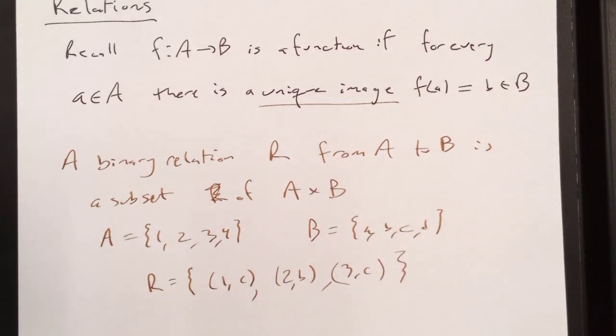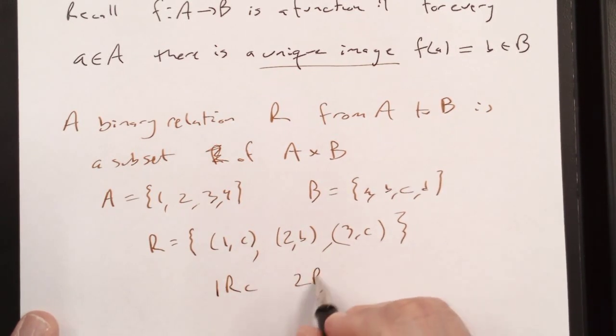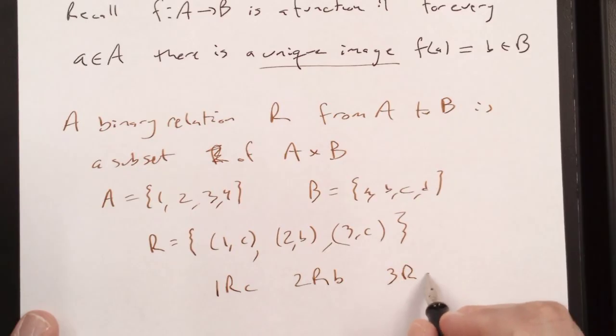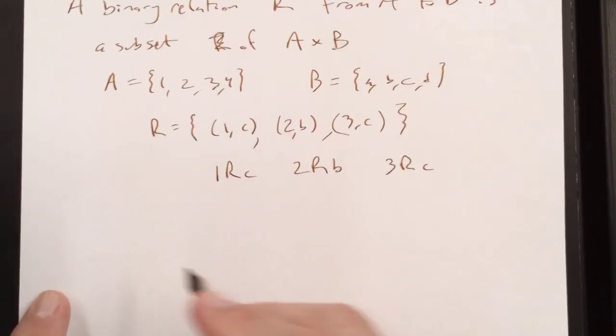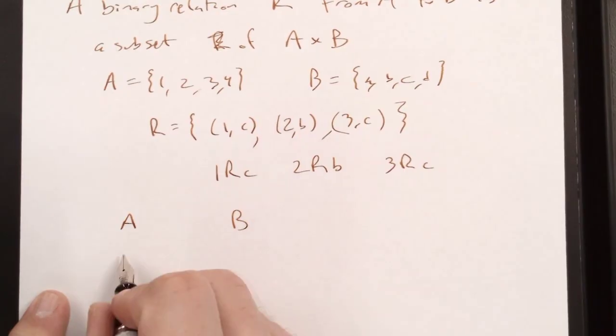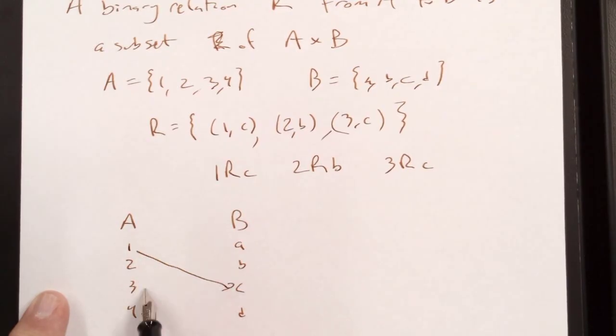But if I write a relation, I'm really going to think of this as 1 is related to C, and 2 is related to B, and 3 is related to C. I can use this relation as a symbol. I could visualize this. 1 goes to C, 3 goes to C. 2 goes to B. There's my relation.